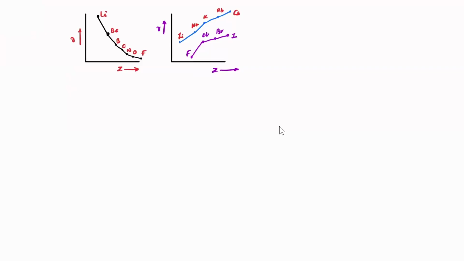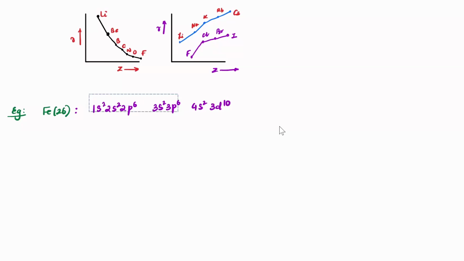Let us take the case of iron. Iron is 26. So in this case, if you write the configuration, it is 1s2, 2s2, 2p6, 3s2, 3p6, 4s2, and 3d6. This is how we write, correct?